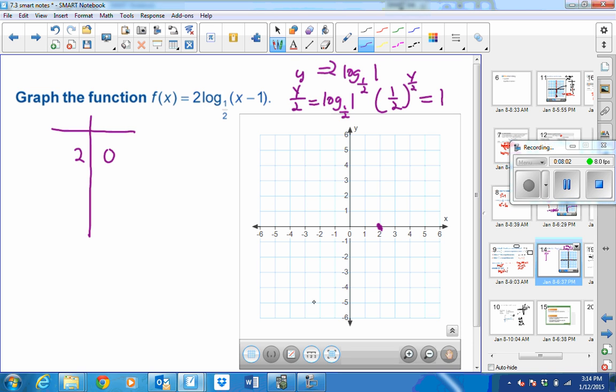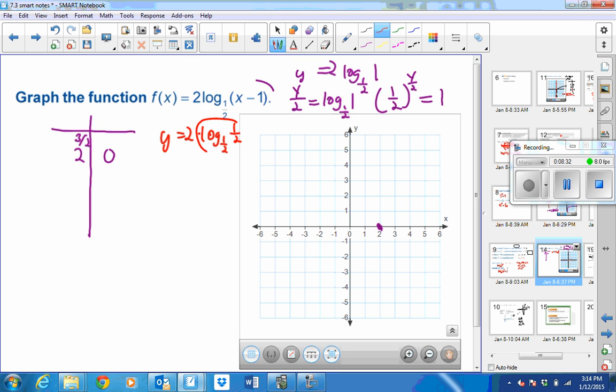So the next thing we want to look at is what's going to make this power be the same as the base. So x minus 1, what value of x is going to make that equal to 1/2? And that's going to be 3/2. So if I plug in 3/2 for x, we get y equals 2 times log base 1/2 to the 1/2.